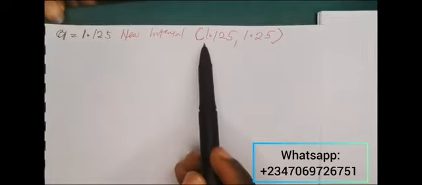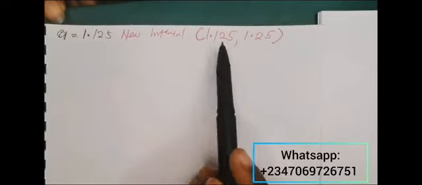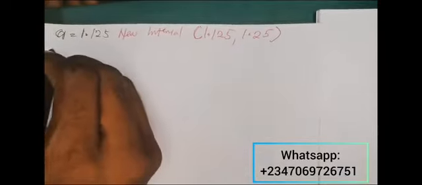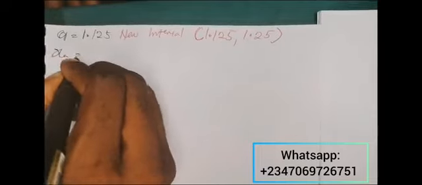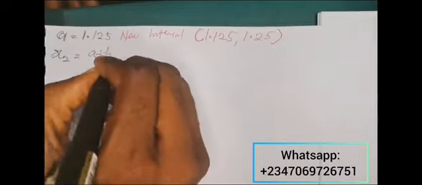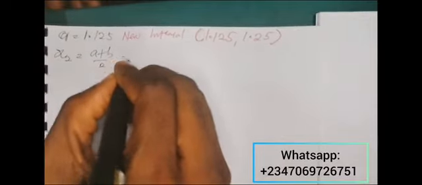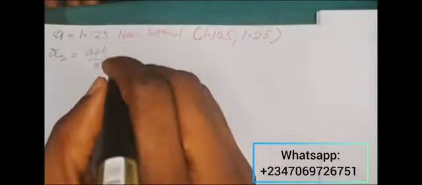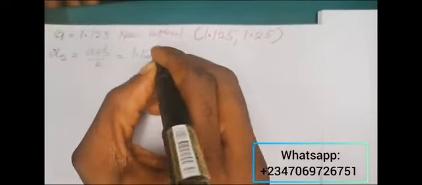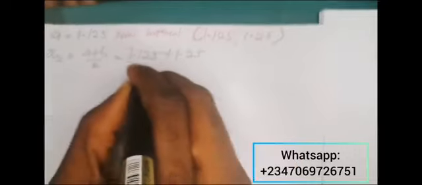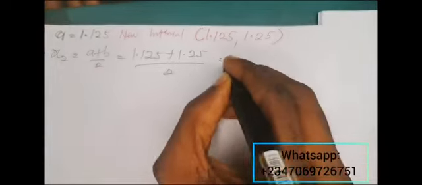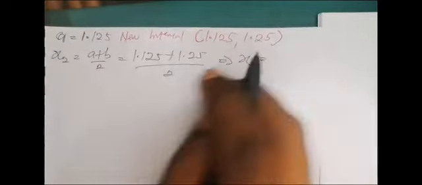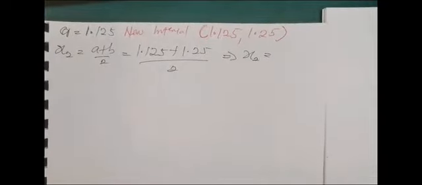So this simply means that the root of the equation now lies between these 2 points. So we find the next root, S2. S2 is also going to be a plus b divided by 2. So this is equal to 1.125 plus 1.25 divided by 2.